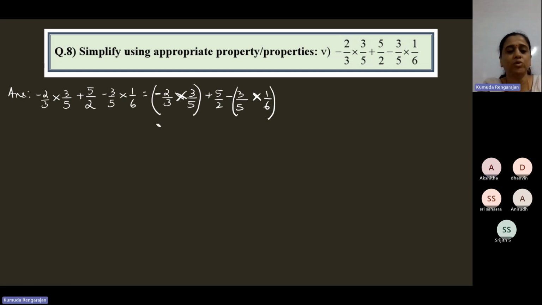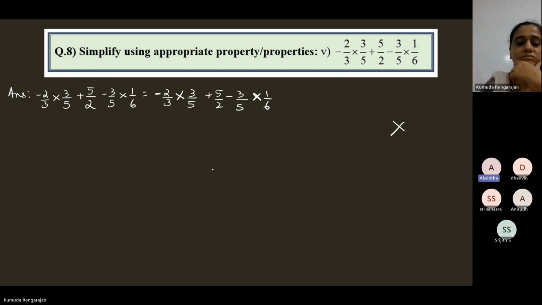Now, which operation will you do first? Addition, subtraction, or multiplication? Mom, multiplication. In how many places do you see the multiplication sign here? 4. How many places? 1, 2, 3, 4. Mom, I can see only in 2 places.